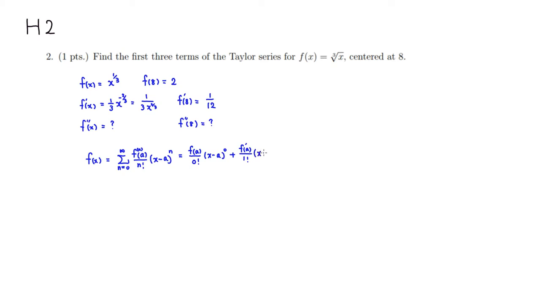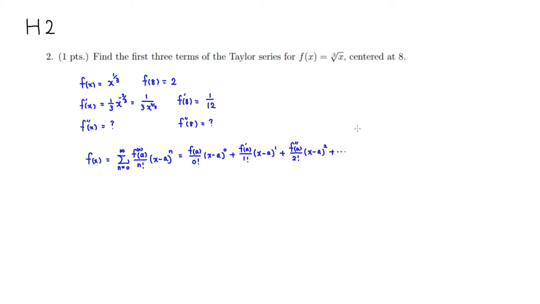And you have x minus a to the first power. Then the third term is the second derivative at a over 2 factorial times quantity x minus a squared, and the pattern continues.